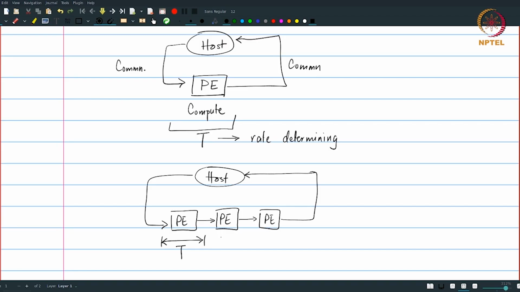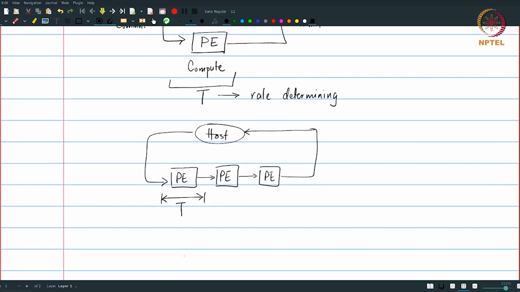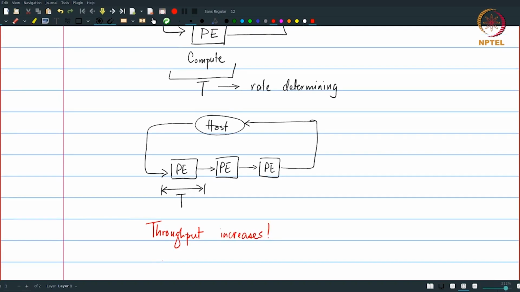Which means that, just like in the case of pipelining, if I can make the time required for an individual processing element smaller than the total computation time, I could in principle have each of these processing elements working on a different sample of input data at a different instant of time, and therefore the overall throughput, even if not the latency, can increase. So in other words, the throughput can increase, but the latency will most probably remain the same. Or it may marginally increase, but that's not something that we are very concerned about.